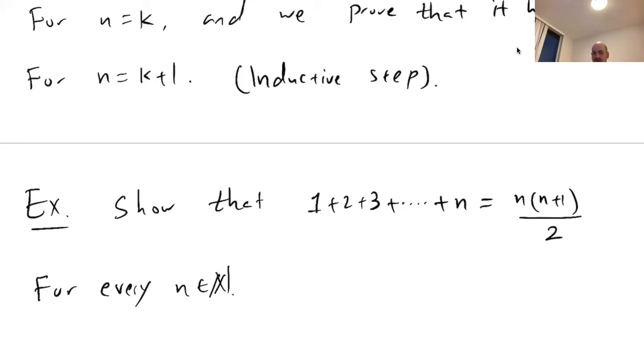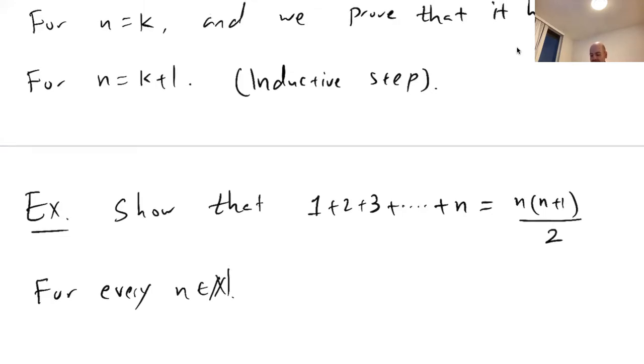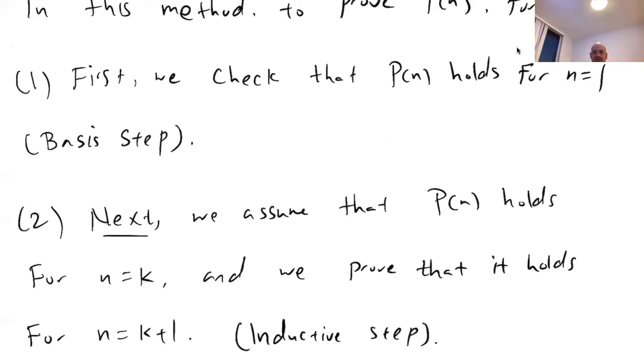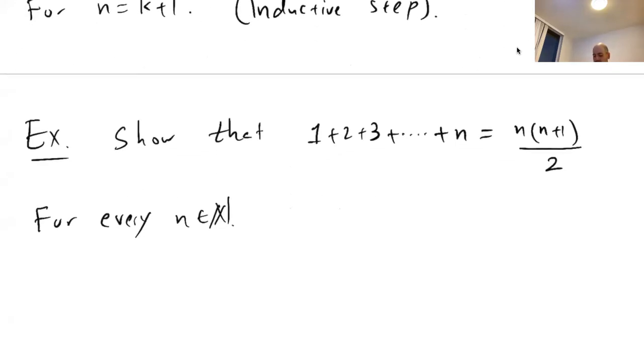If you want to use mathematical induction, you have to do two steps. The first step is a very simple step. It's called the basis step. And in the basis step, we just simply check that our statement holds for n equals 1. So I want to show the equality of these two expressions, 1 plus 2 plus all the way to n, and n times (n plus 1) over 2.